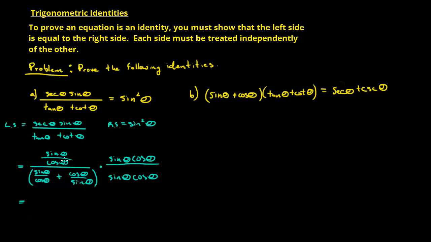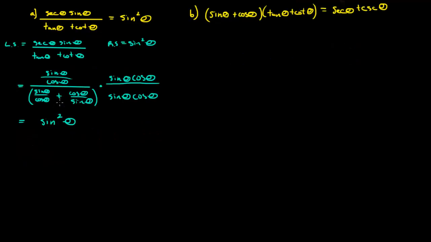In the numerator, a factor of cos theta would divide out, so I would just be left with sine squared theta. In the denominator, I would distribute sine theta cos theta to both of these terms. If I multiply sine theta cos theta by sine theta over cos theta, a factor of cosine theta is going to divide out, so I'm just left with sine squared theta.